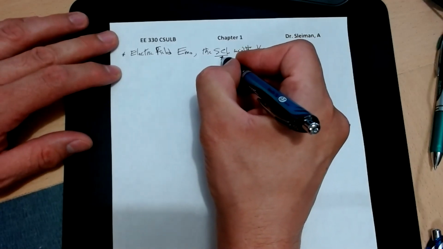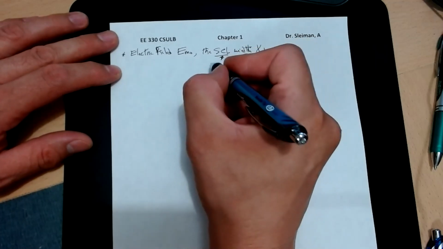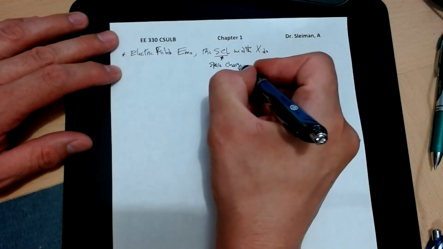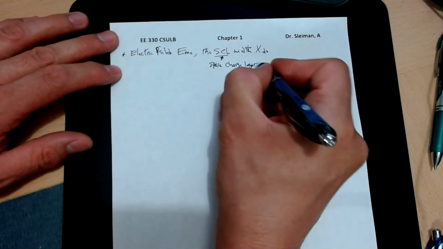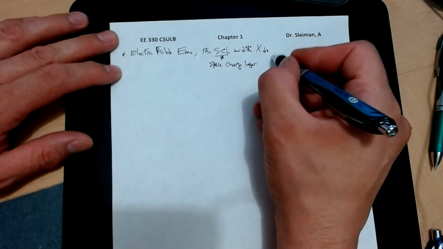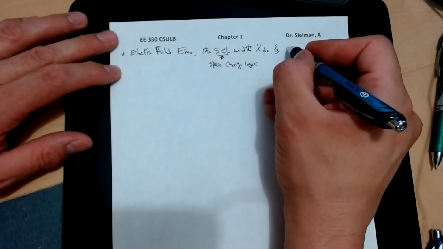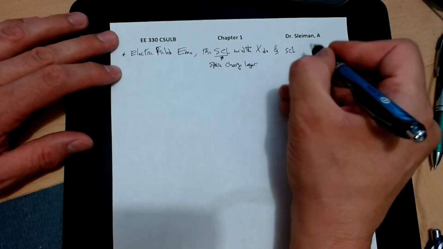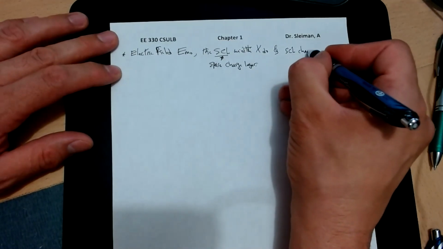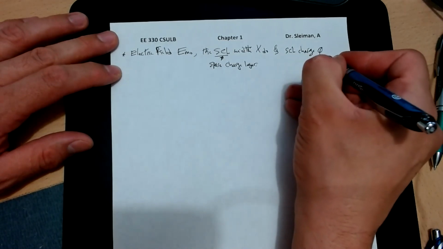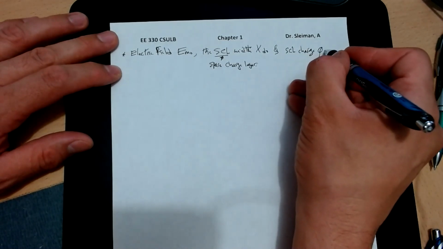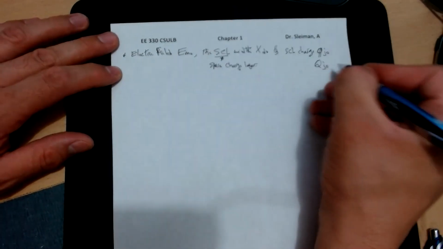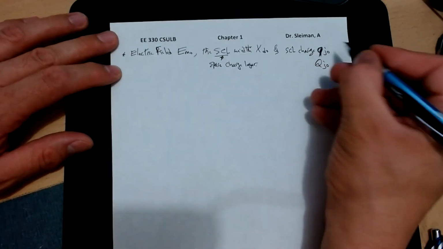I did not declare what it is. This is the space charge layer, and also the SCL charge Q, which we can write as Qj0, so it doesn't matter.